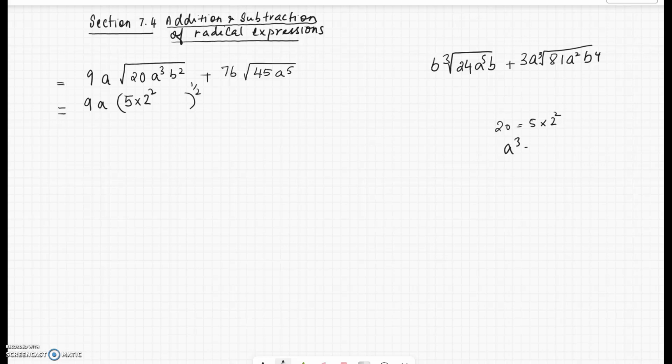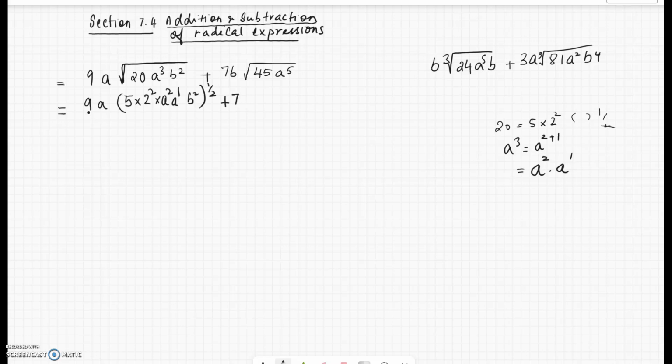A cubed, I'm going to write it as a to the 2 plus 1 because I know the exponent is half, and I would want the 2 to cancel with the exponent inside, so that would be a squared, a to the 1. And of course the b squared. And the radical sign is over all that, so it's going to be to the half.